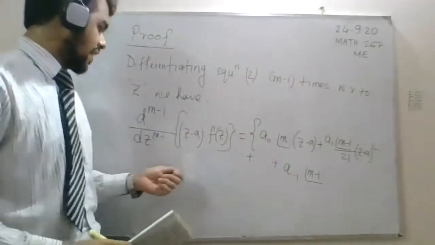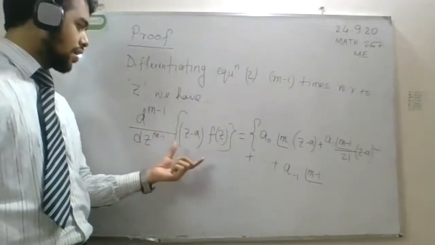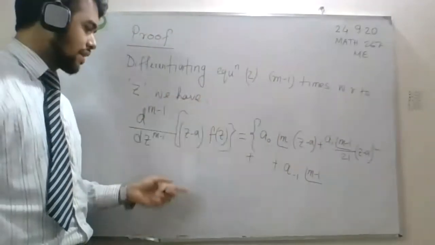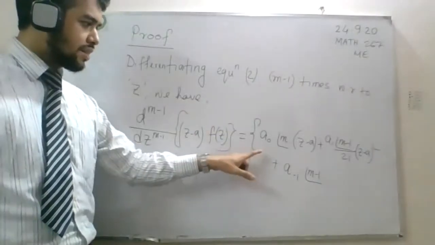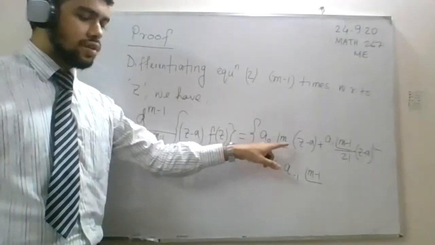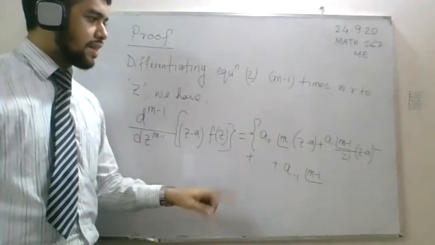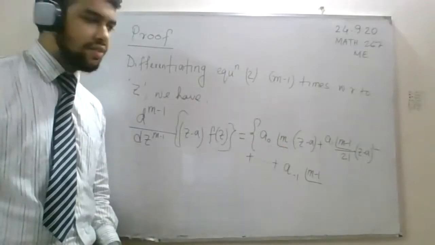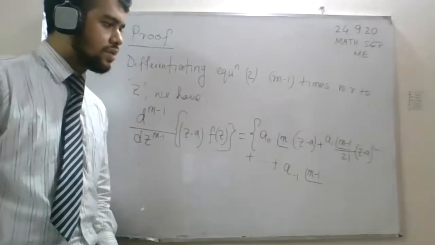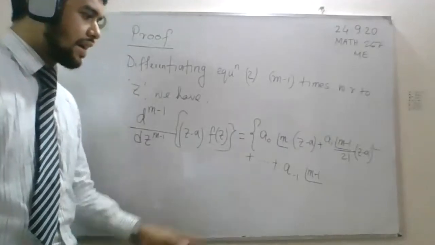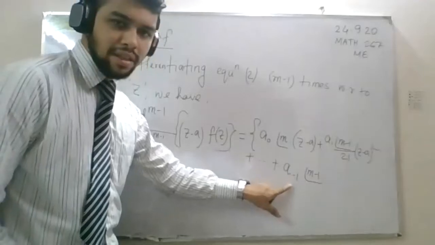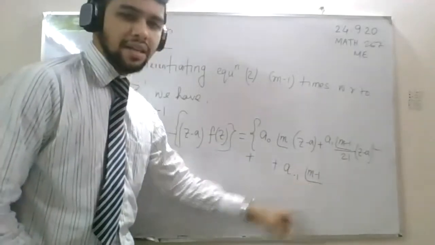So if I differentiate this thing with respect to z n minus 1 times, then you can get the required result: a naught into m factorial, z minus a, plus a1 into m minus 1 factorial by 2 factorial, and also z minus a whole square. And at last you can also get a subscript minus 1 into m minus 1 factorial.